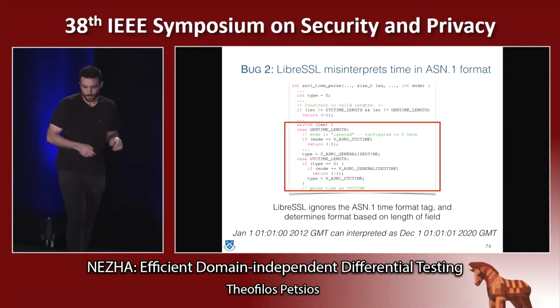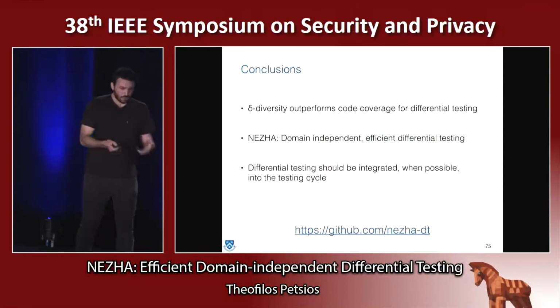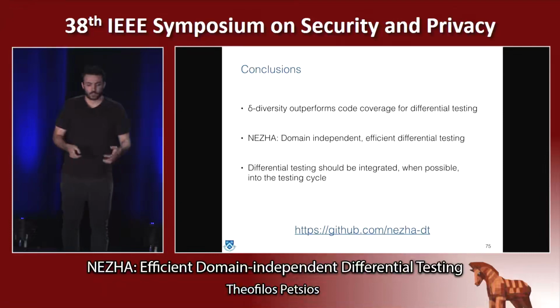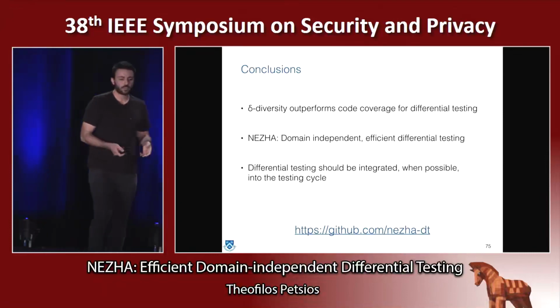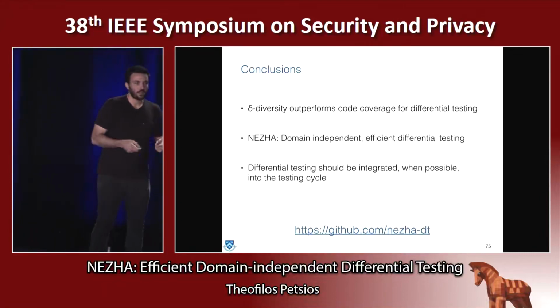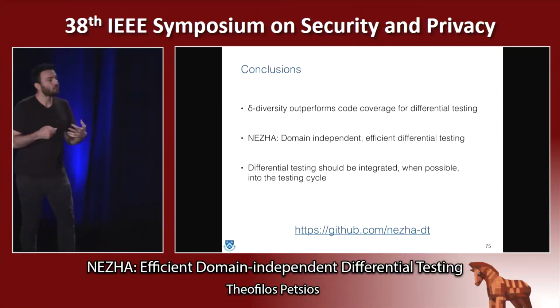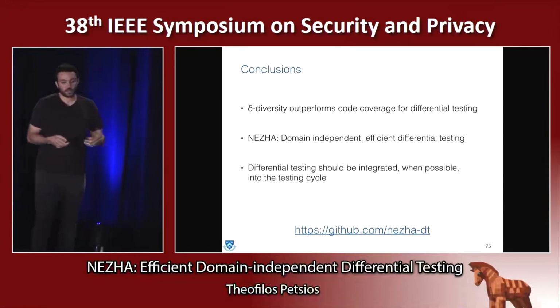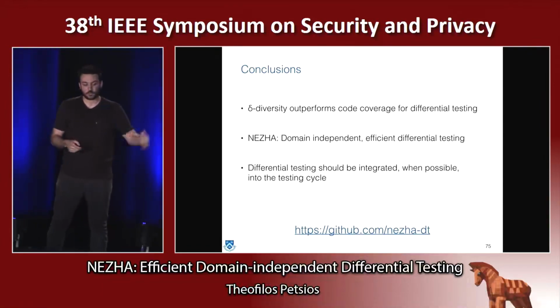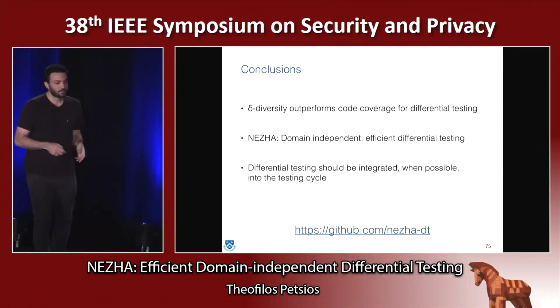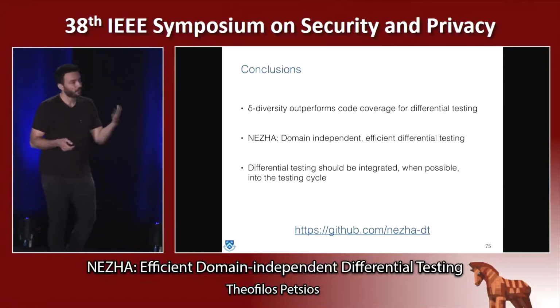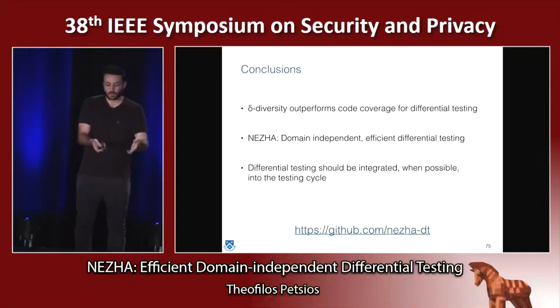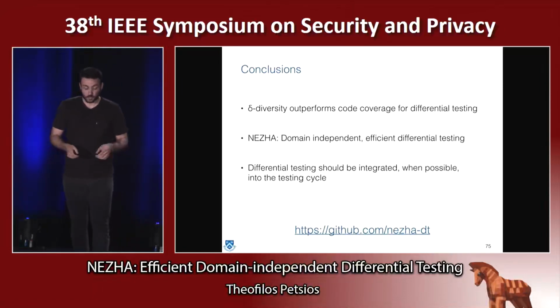So to give you some main takeaway conclusions, what we really want to show here is that differential diversity is really a good way to guide input generation for differential testing and outperforms code coverage. We also provide NEZHA, the framework that we wrote, which is open source on GitHub, so you're all welcome to try it out and fuzz your programs.